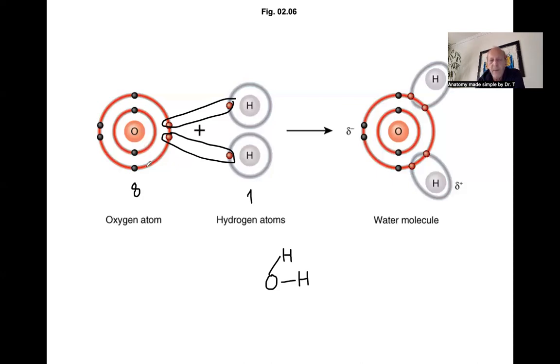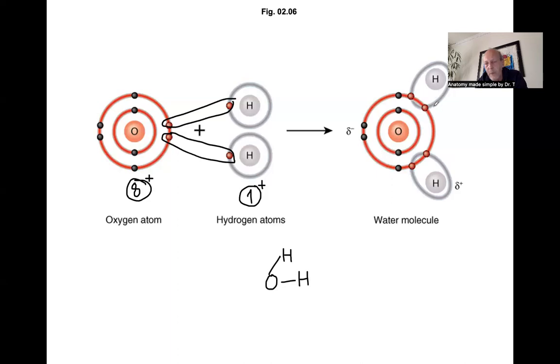So in this case, we do not see oxygen as being the older sibling. We just see it as a nucleus, which has the power of 8 positively charged particles to be a little bit stronger than the nuclei of hydrogen with a single positively charged particle called a proton. That would mean, although they share a pair of electrons, oxygen will attract them a little bit more regularly than the hydrogen atoms would be able to do.